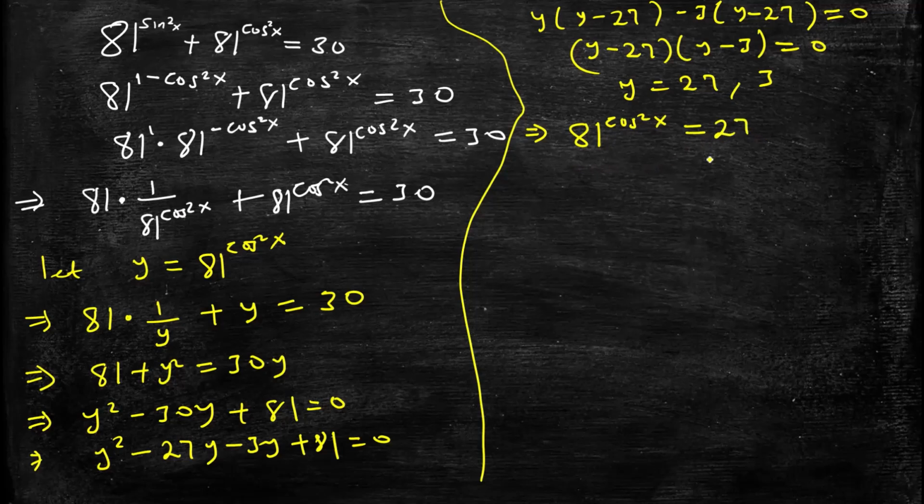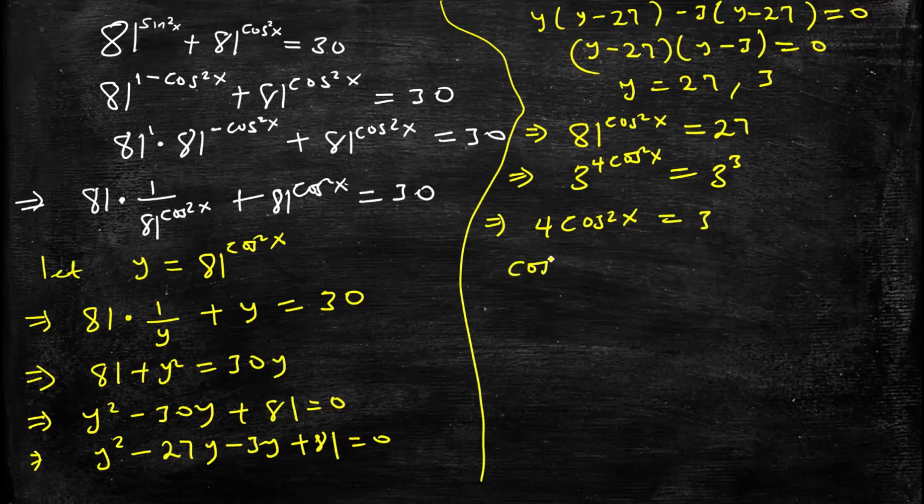So I'll change this 81 to 3 to the power 4 times cos squared x, and 27 is the same as 3 to the power 3. So we have 4 cos squared x equals 3. So cos squared x is 3 on 4.